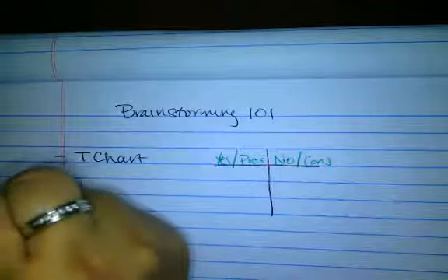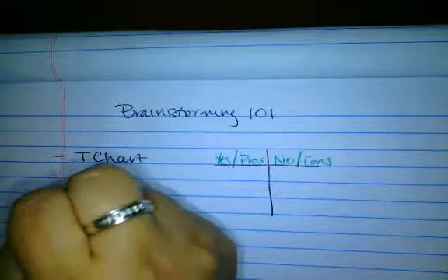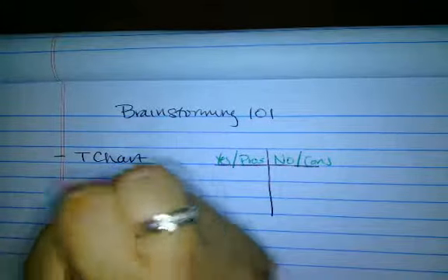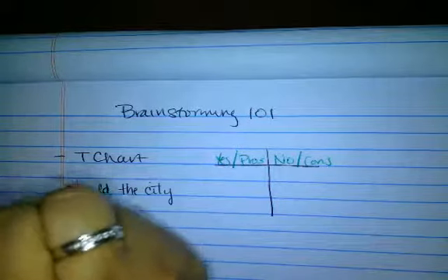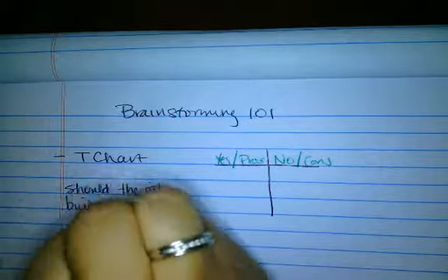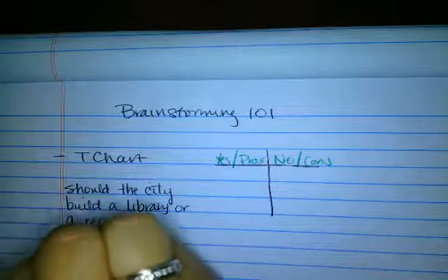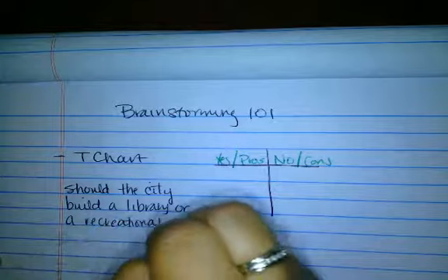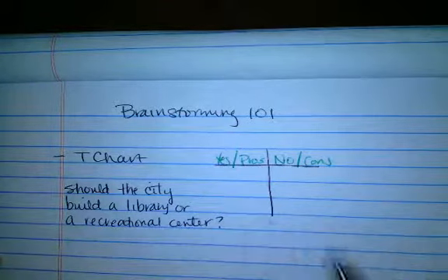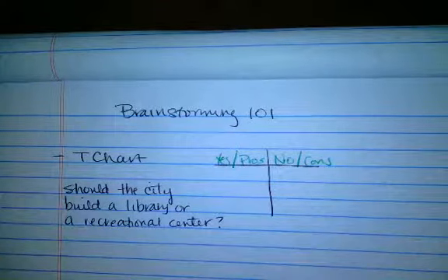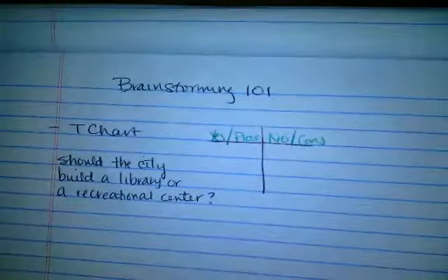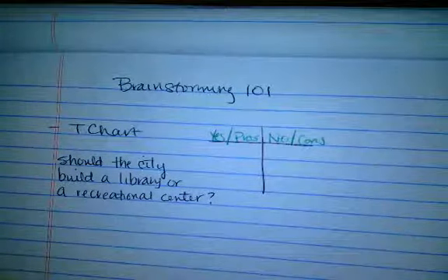So the first prompt we're going to use is, should the city build a library or a recreational center? So, for those of you who don't know, the recreational centers are kind of like your boys and girls clubs.